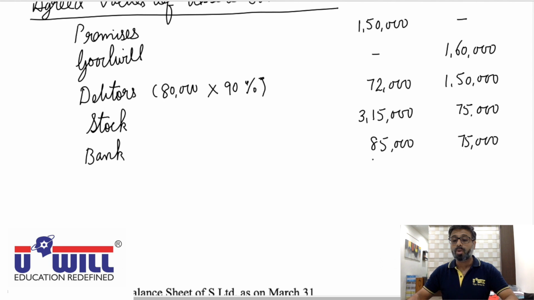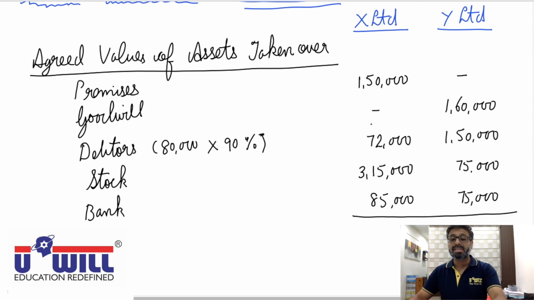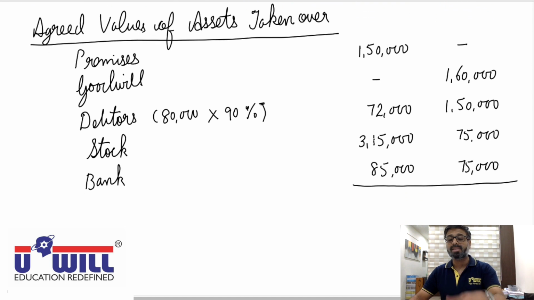Now first we do the total of agreed value of all assets taken over. So 150 plus 72, 222 plus 315. So 5,37,000 plus 85,000. That comes to 6,22,000. Okay, 6,22,000 is the agreed value of assets taken over for X Limited.